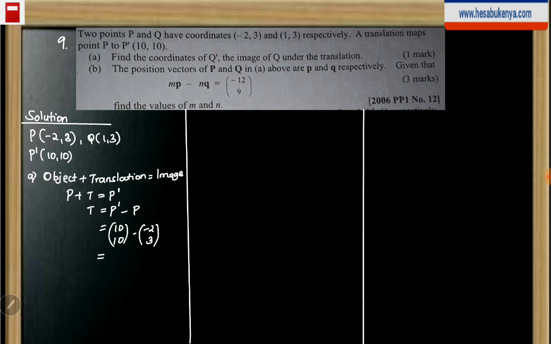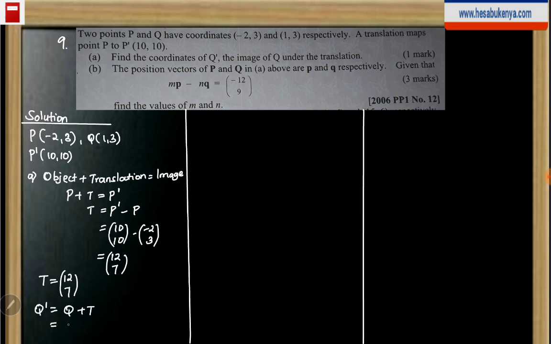So 10 minus -2 is 12. Then 10 minus 3 is 7. So the translation vector T is 12, 7. Now to find the image of Q, Q prime will be given by Q plus the translation vector.